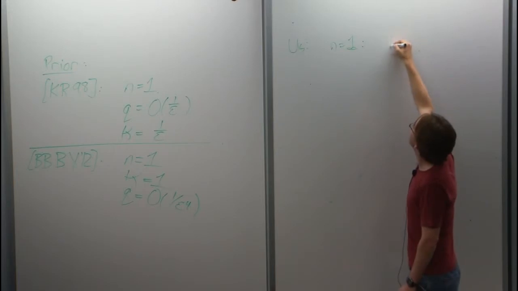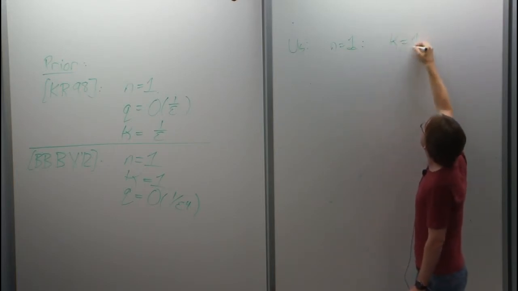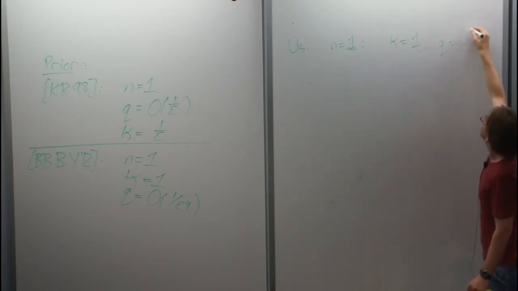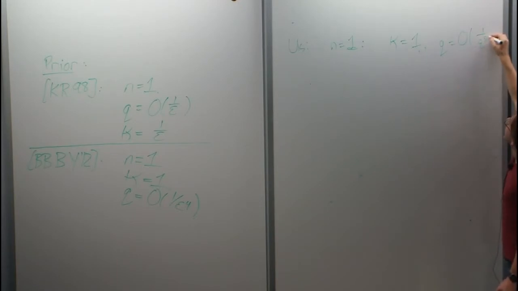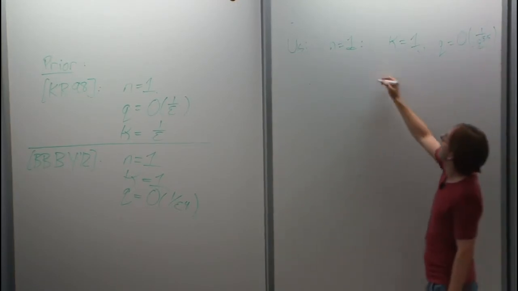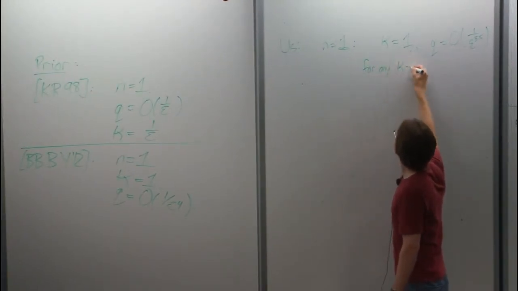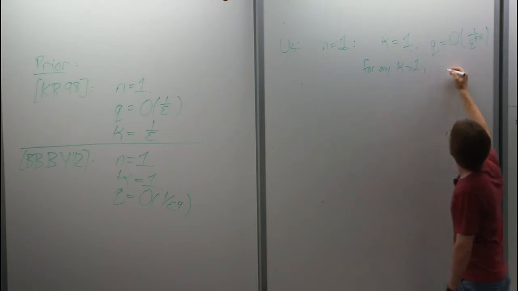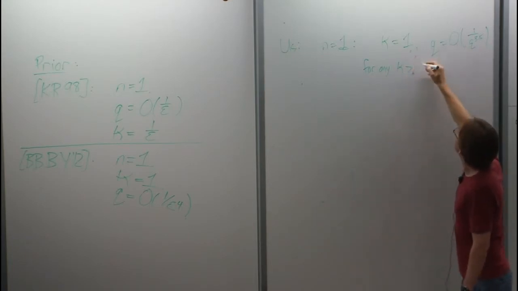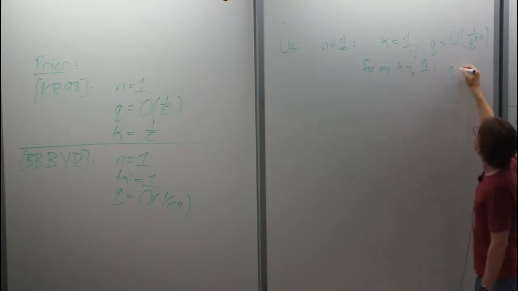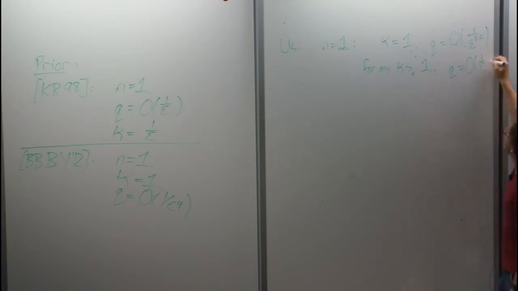We got kappa equals 1 with very slightly better query complexity. This is not a big deal. But we actually got, for any kappa that's strictly bigger than 1, linear complexity. Okay, so this hides a constant that depends on how much bigger than 1 you are. It's like polynomial.